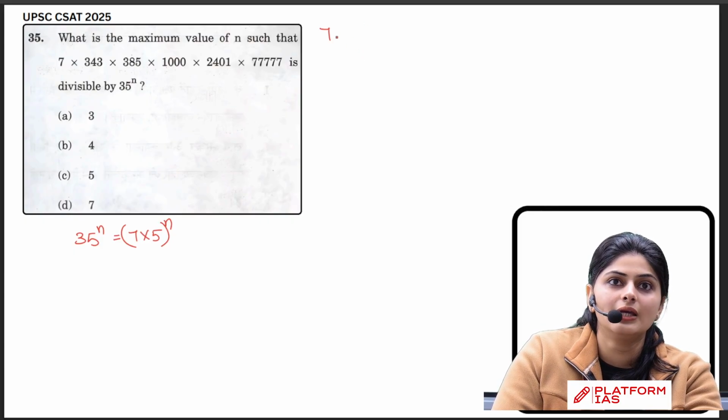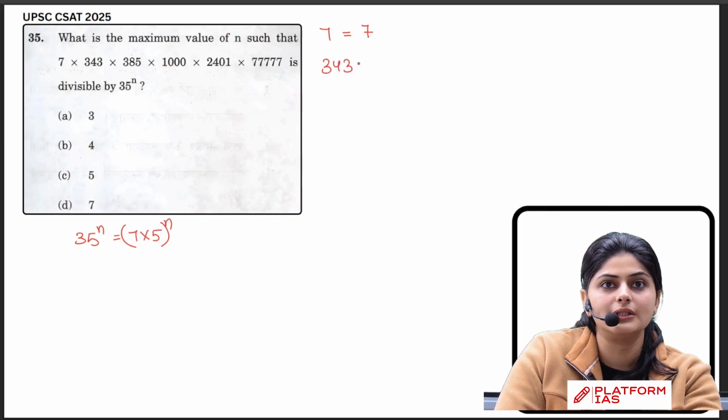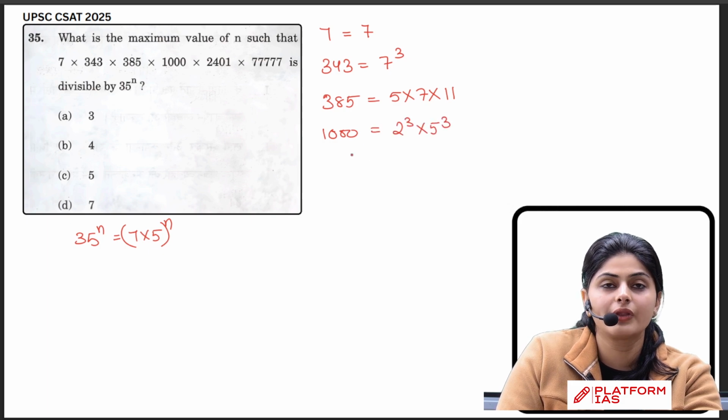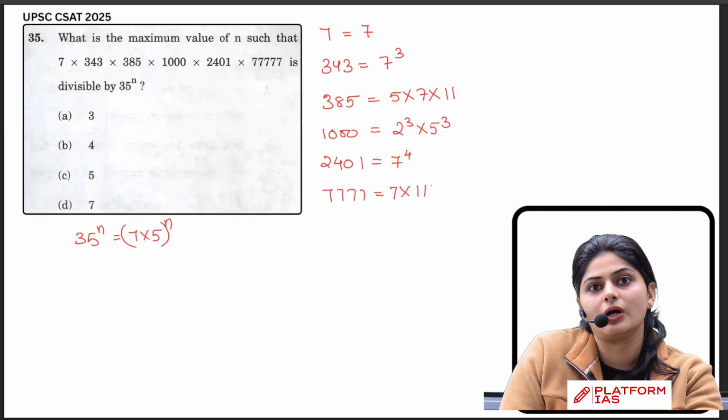If we find out the factors of each one of the numbers, 343 is 7 cube, 385 is 5 times 7 times 11, 1000 is 2 cube multiplied by 5 cube, 2401 is 7 to the power 4, and 777 is 7 times 111.